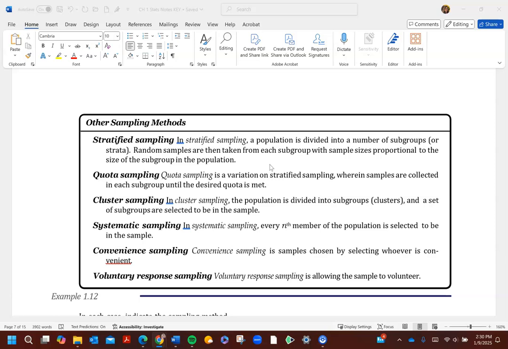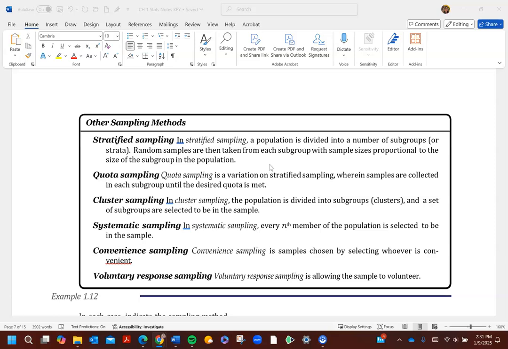Convenient sampling is really, you're in your classroom and you're asking around those people that you know, Facebook samples, stuff like that. It's just whoever's convenient. Voluntary response is just having the data come from, like, those of you who want to tell me your grade, then we'll count that for our data, we'll put those in.